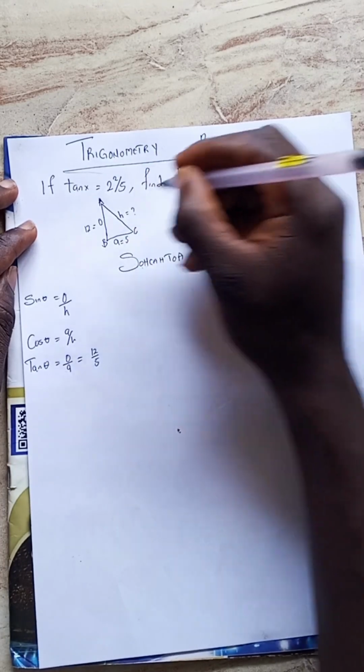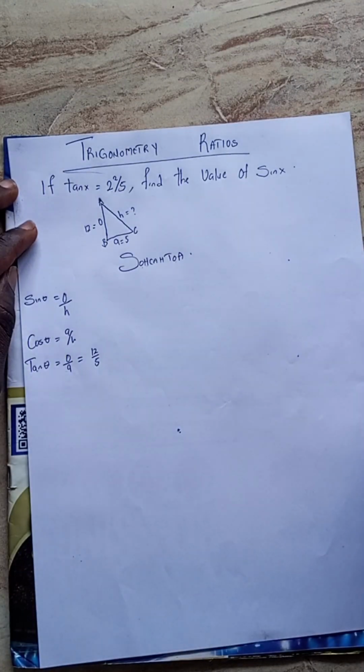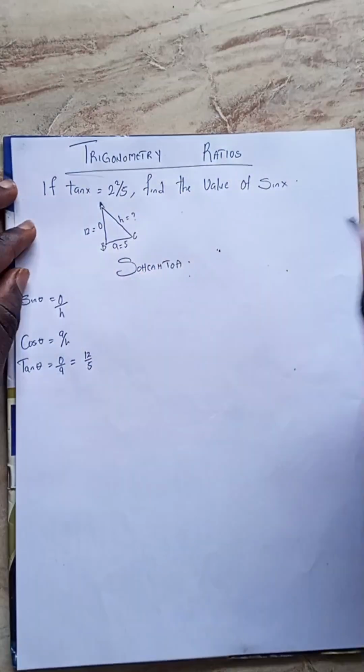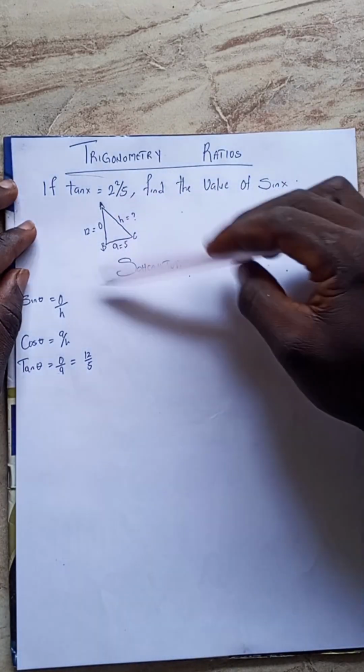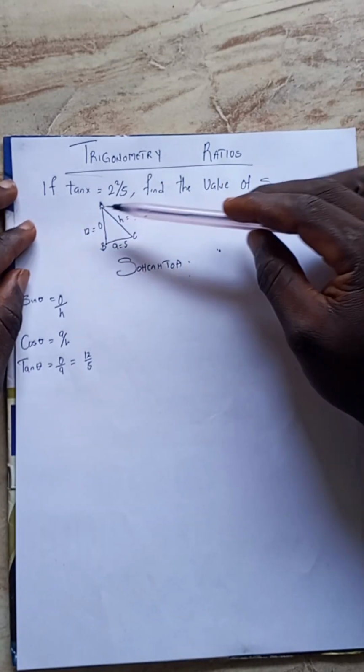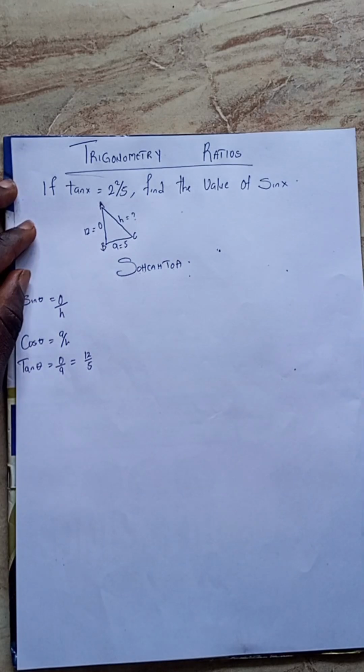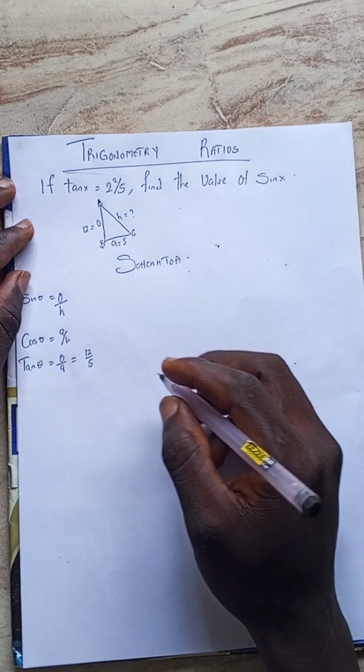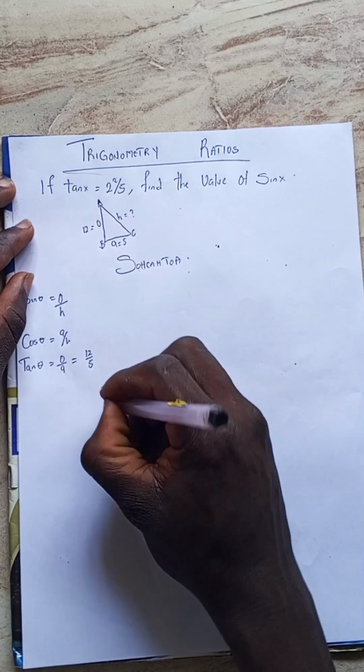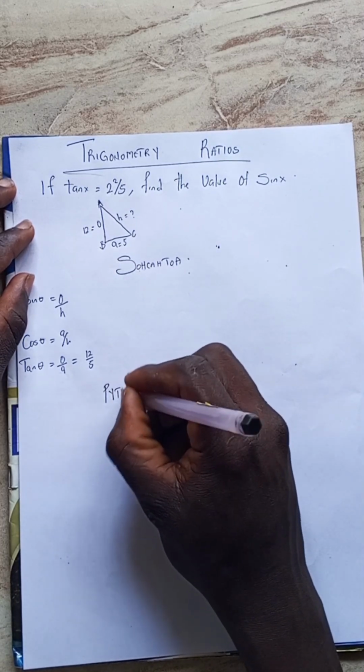So we have to look for the hypotenuse. When you are given a question like this, maybe one of the sides is not given, but two of the sides are given. The best way to solve that kind of question is using Pythagoras theorem.